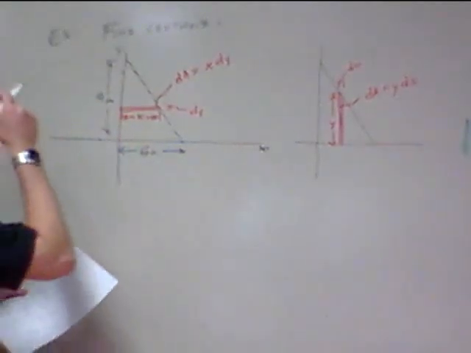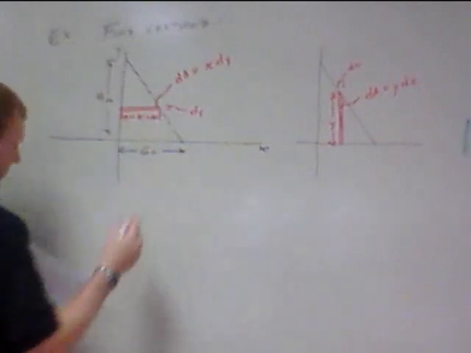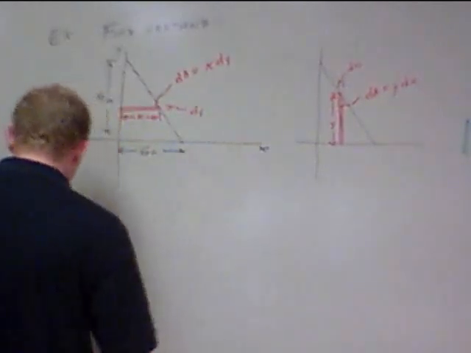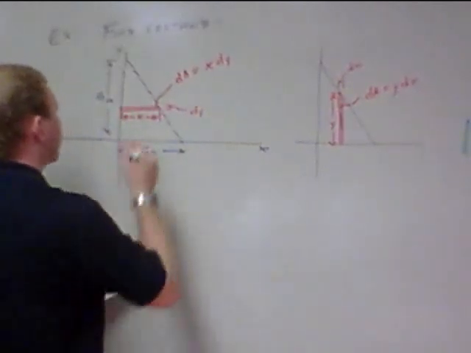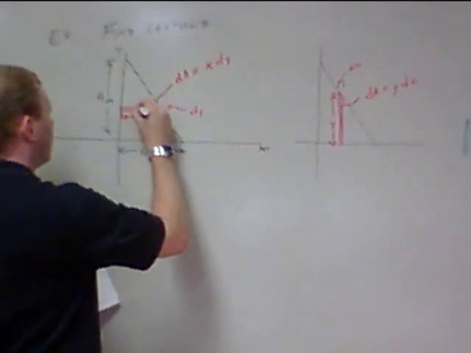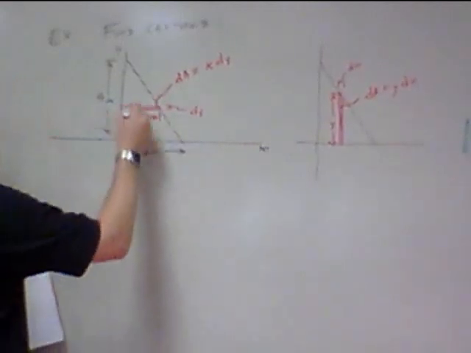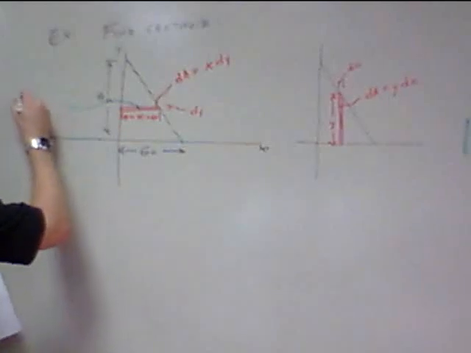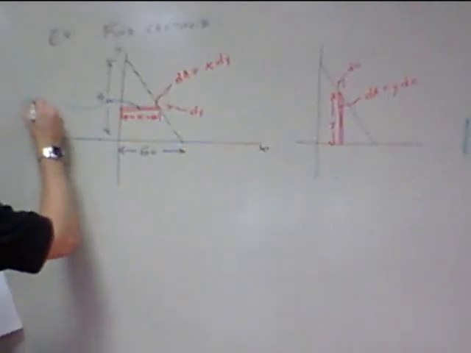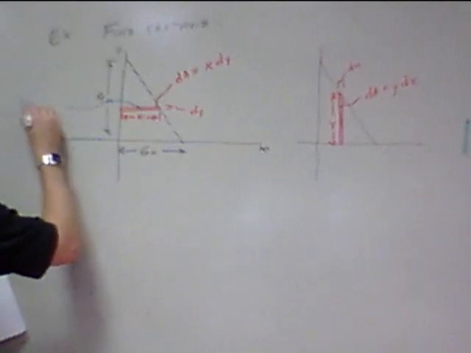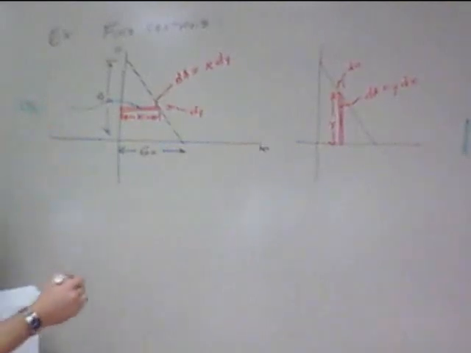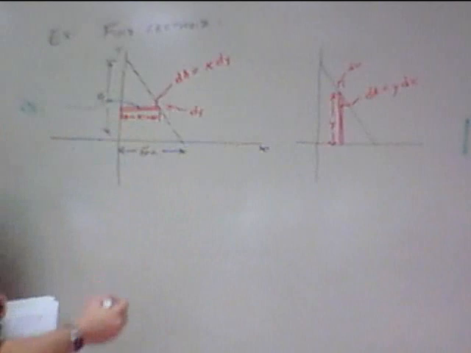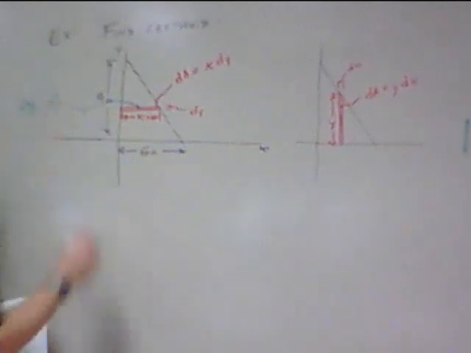Okay, so what we need to do is find an expression for the center of each of these little elements. The center of this little element here is going to be right in the middle, and it's at position x over 2 and position y.